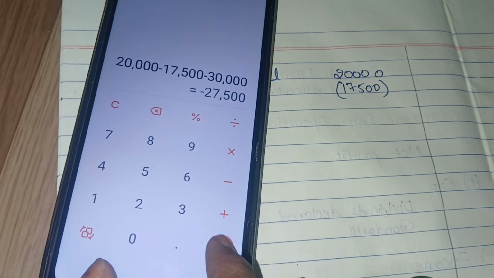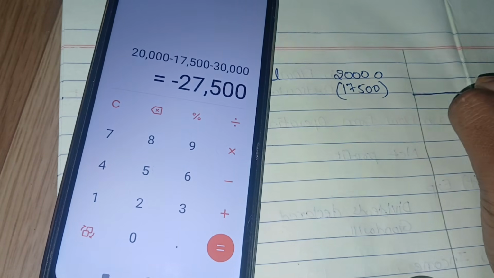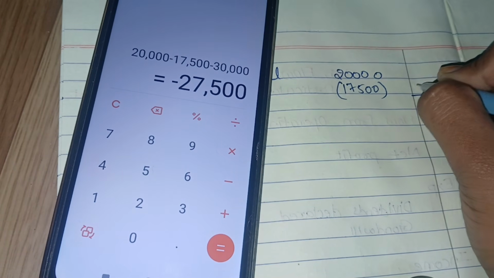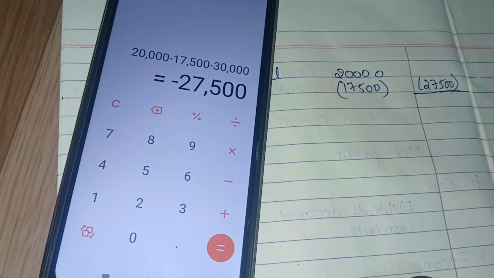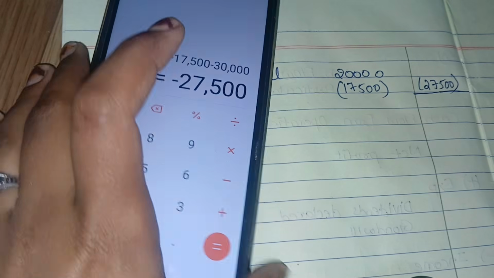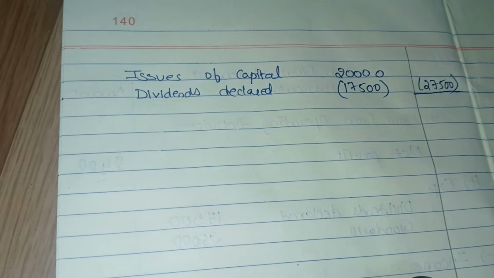So what is the amount? Minus 27,500. So this 27,500 we are getting. This 27,500 is the net cash from the financing activities. So here we are getting 27,500. So in the previous thing, what are you getting?